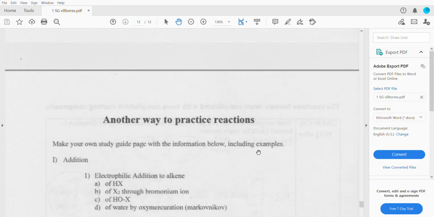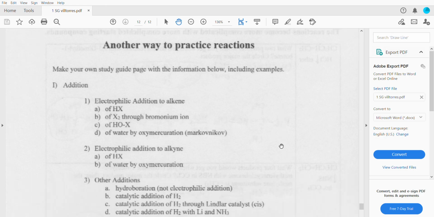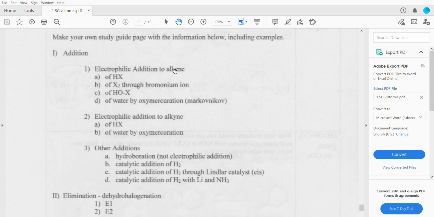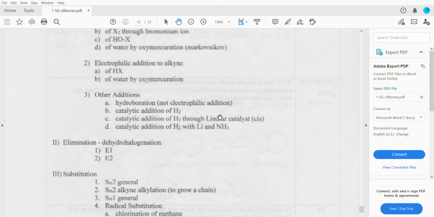So another way to practice reactions is to make your own study guides, including examples of electrophilic addition to alkenes of HX, X2, HOX, and water by oxymercuration. It's Markovnikov's. Electrophilic addition to alkene of HX and water by oxymercuration, I'm sorry.